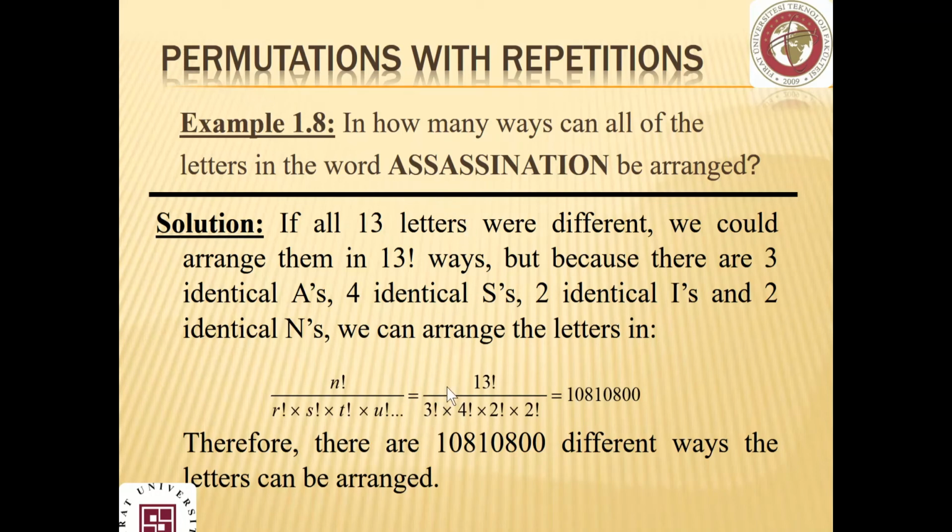Here we have A 3 times, so 3 factorial, multiplied by 4 factorial for S, multiplied by 2 factorial for I, multiplied by 2 factorial for N, and that will make the final answer. And as I said, usually I don't care about this number unless we give you some other policy.